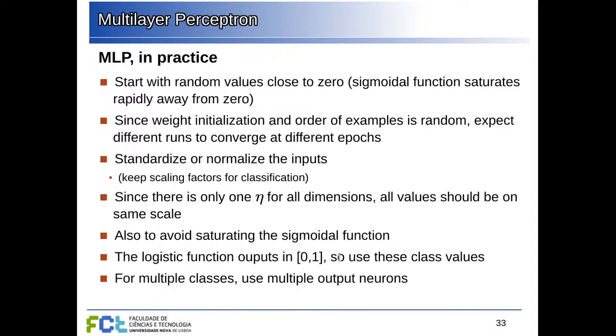We should standardize or normalize the inputs. You need to use the same scale for all the inputs, because you're using one learning rate for all dimensions. You shouldn't have the inputs of very different scales, and also you should avoid saturating the functions and creating numerical problems by having very large values.